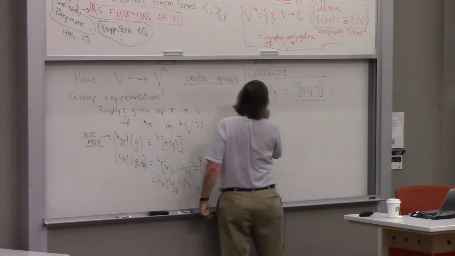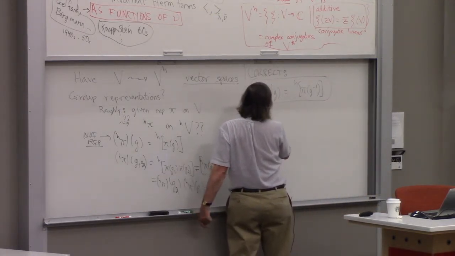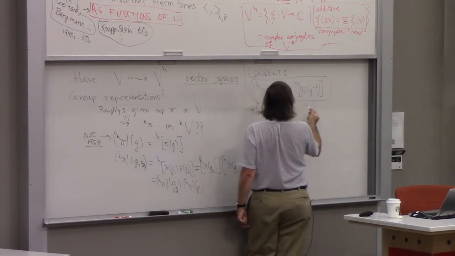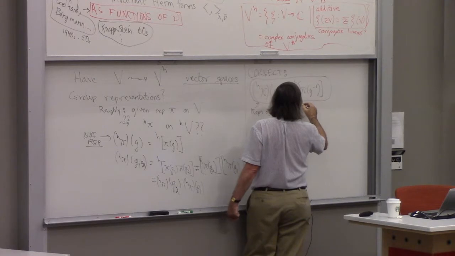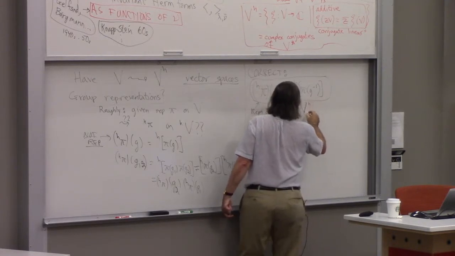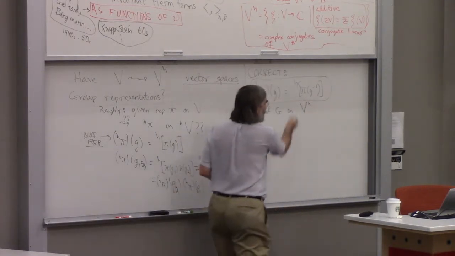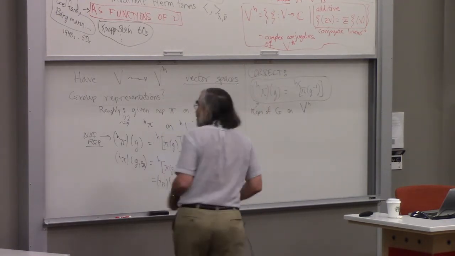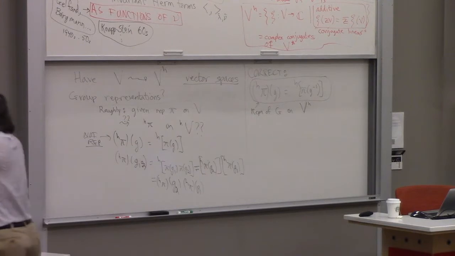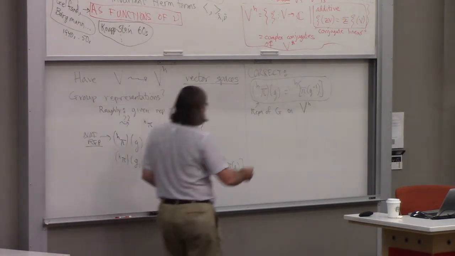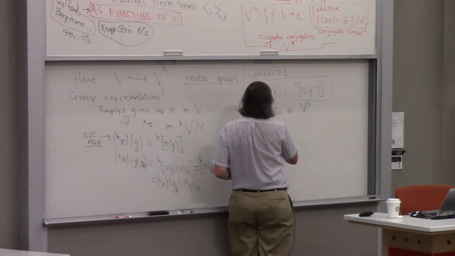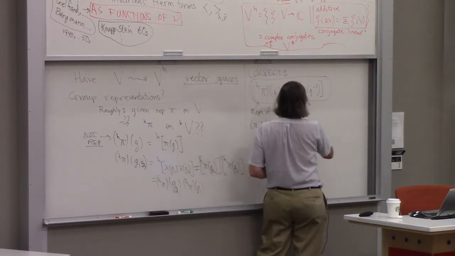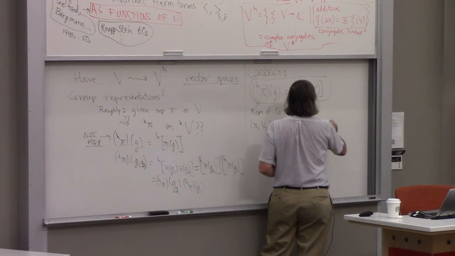So this is a representation of G on this Hermitian dual vector space, and we get the same statement: pi admits an invariant Hermitian form.